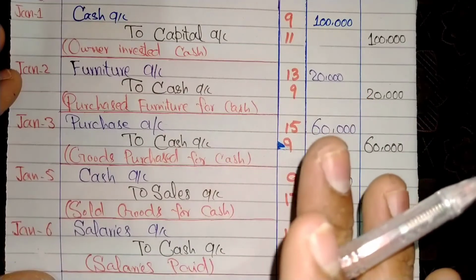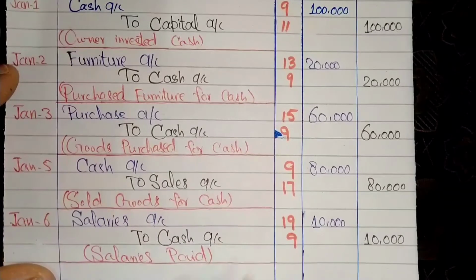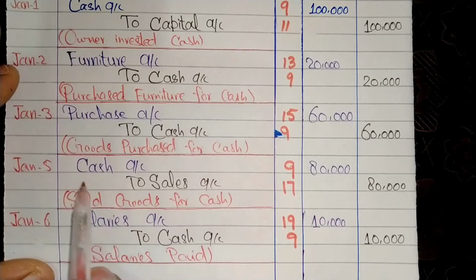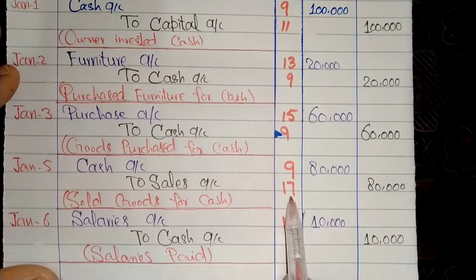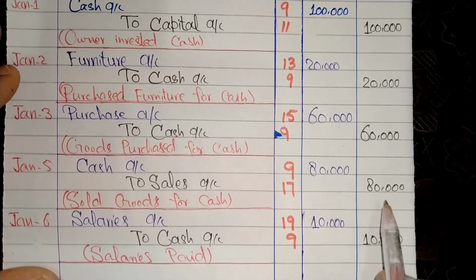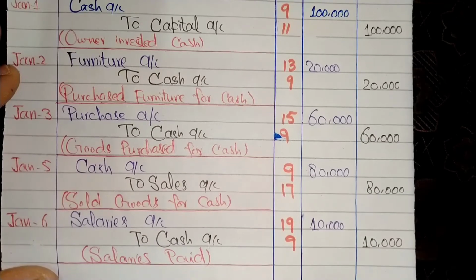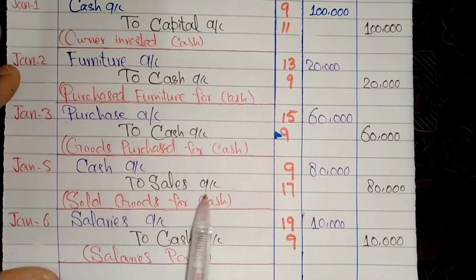Now we will move toward the next entry, which is that he sold goods for cash amounting to 80,000 rupees. On Jan 5th, this is the cash sale. So cash account debit to sales account credit, with the new ledger folio number of sales account being 17, 80,000 rupees debit and 80,000 rupees credit, with description: sold goods for cash.